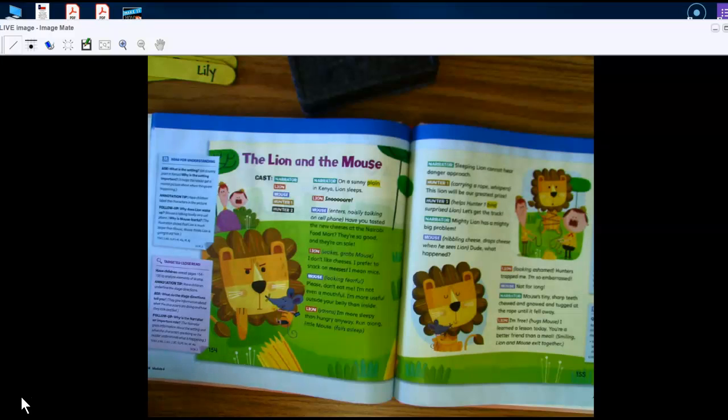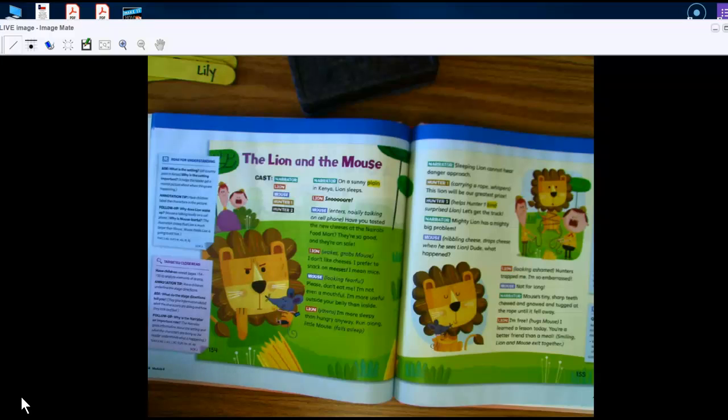Okay. Lion yawns. And he falls asleep. Sleeping Lion cannot hear danger approach. Hunter 1, carrying a rope, whispers. Hunter 2 helps Hunter 1 bind surprised Lion. Mighty Lion has a mighty big problem.